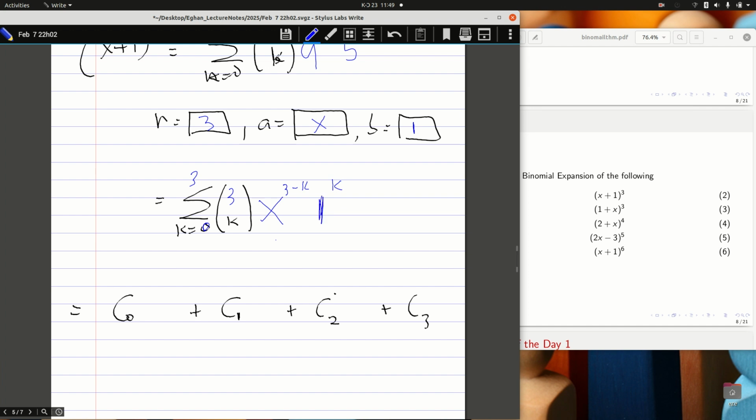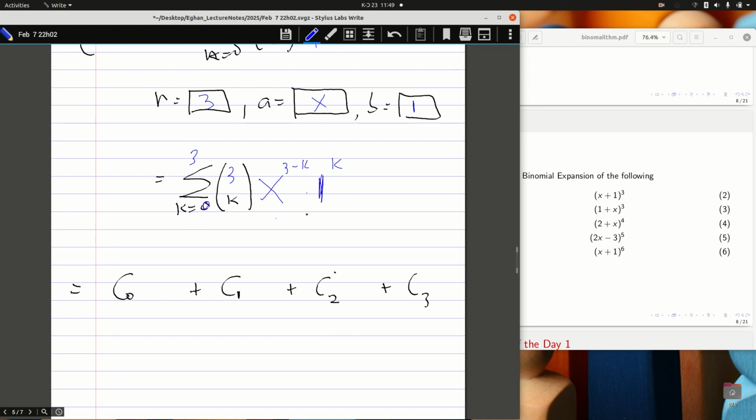Okay, so how many terms do I expect? I expect 4 terms. Why? Because my index is to the power 3, so 3 plus 1 giving me 4 terms. And how would this look like?